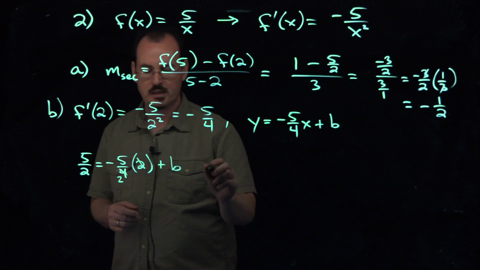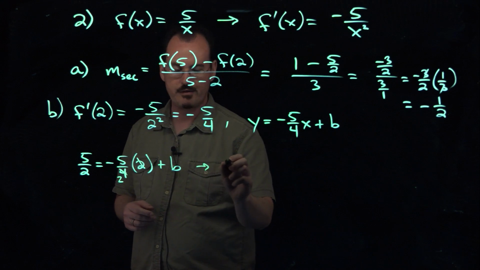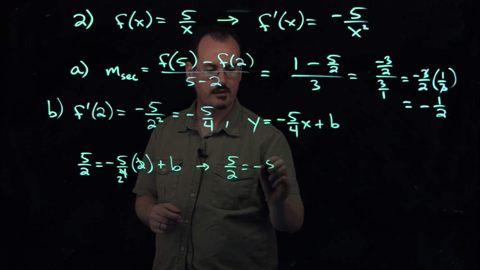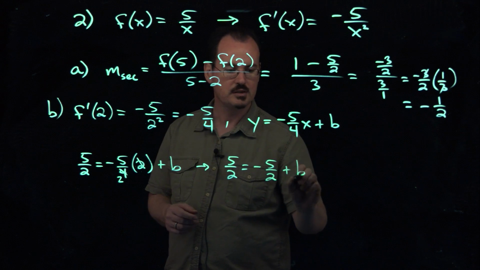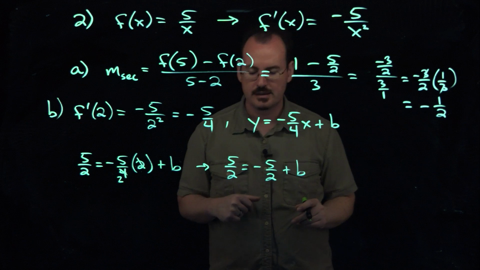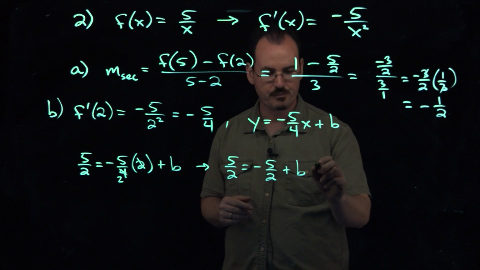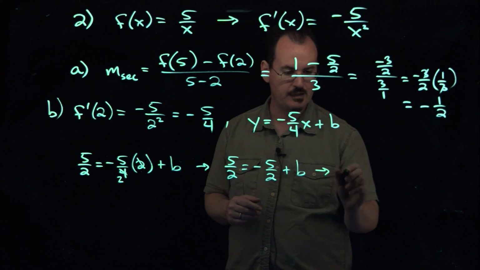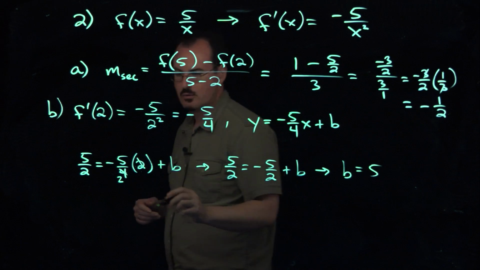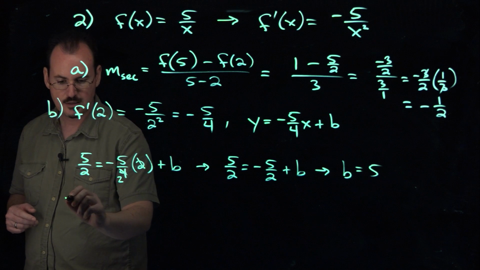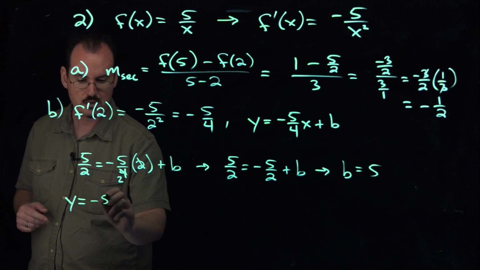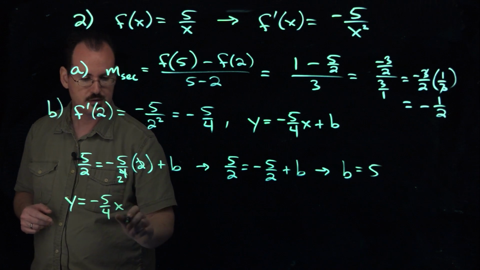That becomes a 2. So we're going to have 5 halves is equal to negative 5 halves plus b. I need to solve for b, so I'm going to add 5 halves to both sides. That's going to get me 10 halves. 10 halves is actually 5, so b is equal to 5. So the equation of our tangent line is y is equal to negative 5/4 x plus 5.